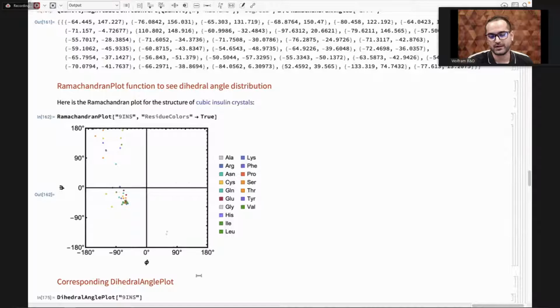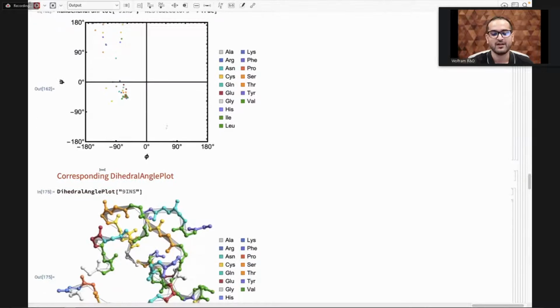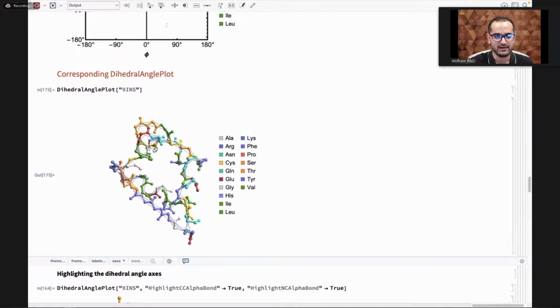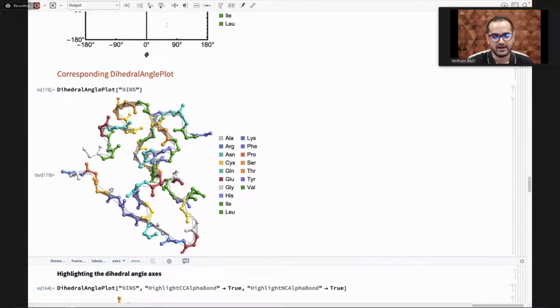Moving on to the dihedral angle plot, I developed this after the Ramachandran plot function. A question that was always in my mind is, how do I visualize this distribution of dihedral angles in the context of real protein structures? That's why I created the dihedral angle plot, which can show you interactively the dihedral angle planes.